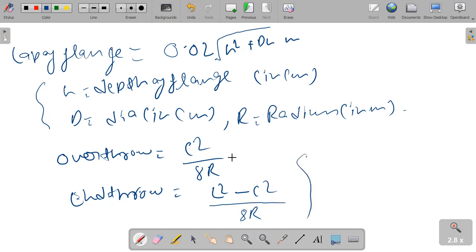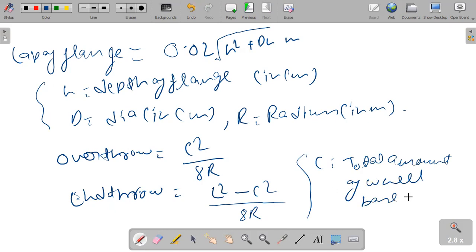So this is it about lap of flange, overthrow, and end throw.